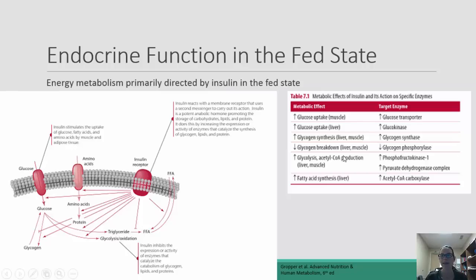Basically, here are the metabolic effects of insulin and its action on specific enzymes. The take-home message is that the results of insulin are increased glucose uptake in the muscle and in the liver, increased glycogen synthesis in the liver and muscle, decreased glycogen breakdown in the liver and muscle, and increased glycolysis and acetyl-CoA production in the liver and muscle, as well as increased fatty acid synthesis.